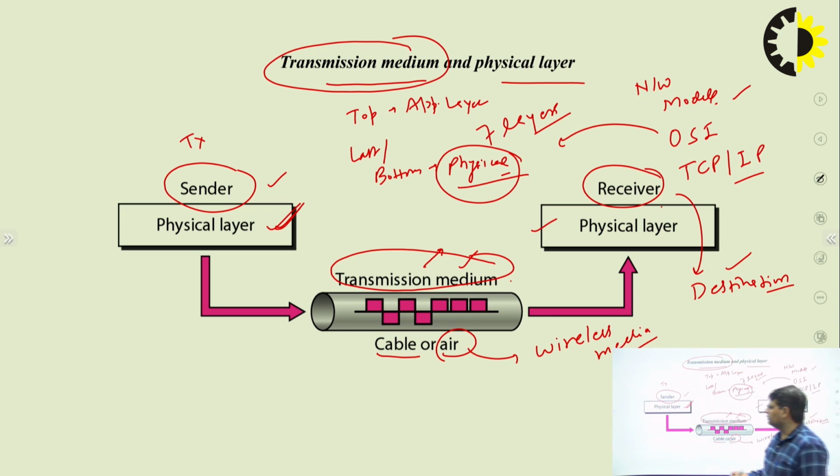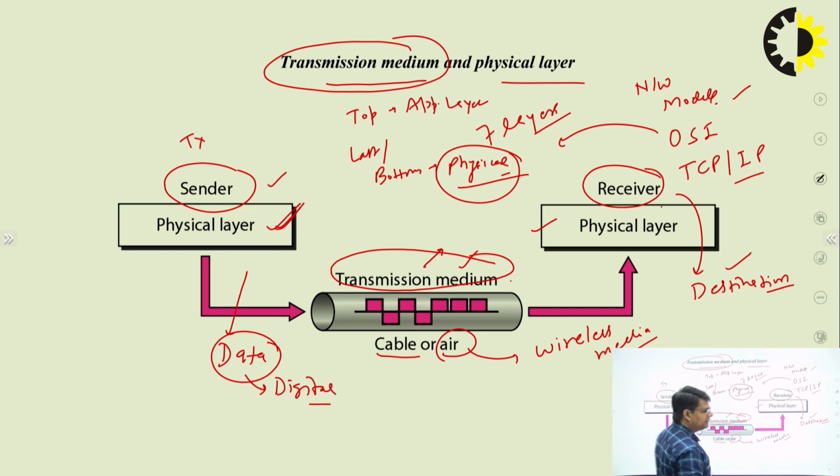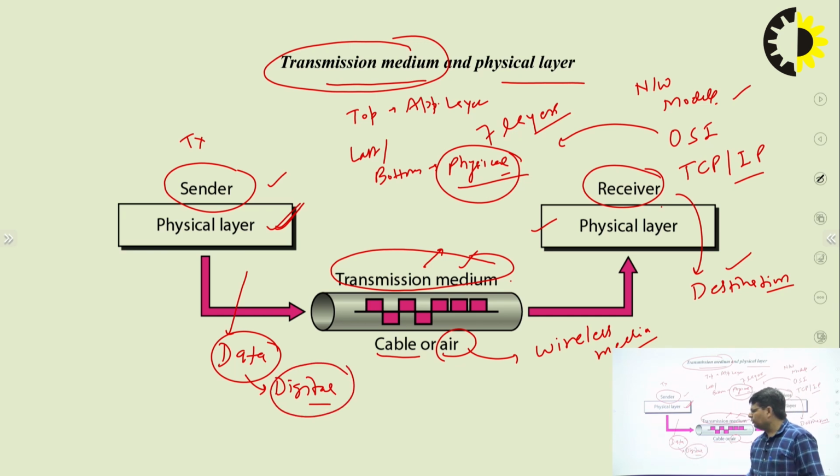Moreover, here the information is in the form of digital data, or we can say digital or binary data. Data is a large amount of information that is conveyed.